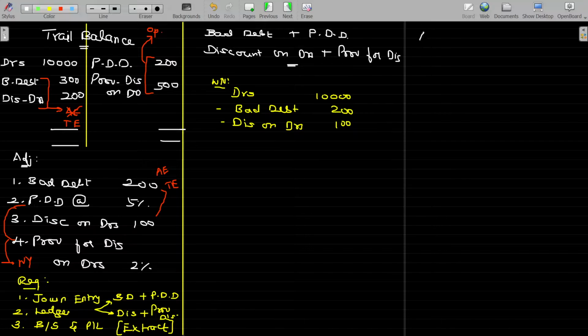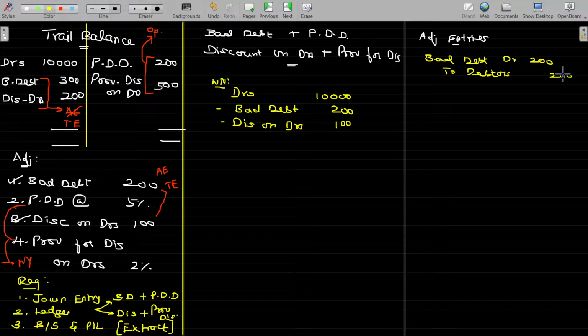Now let me pass the adjustment entries here. So I have to pass the adjustment entries for what? Bad debt and discount on debtors, right? What is the journal entry for that? Bad debt account debit, to debtors account, the value being 200.